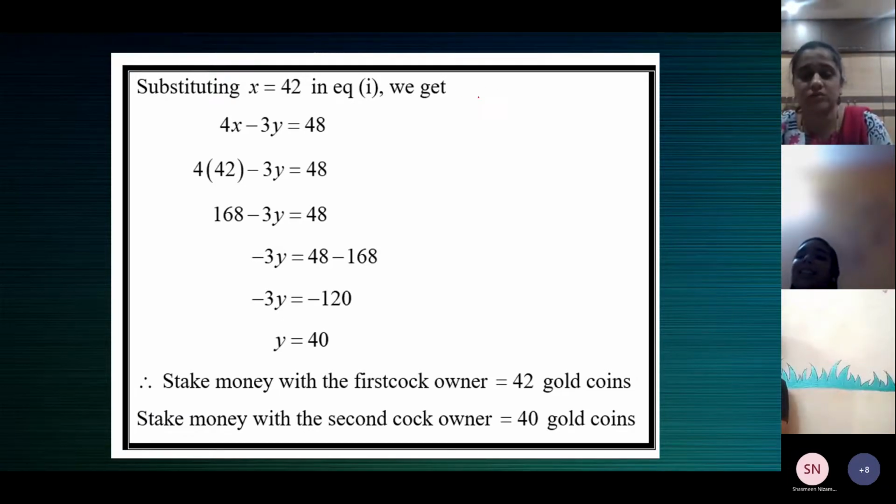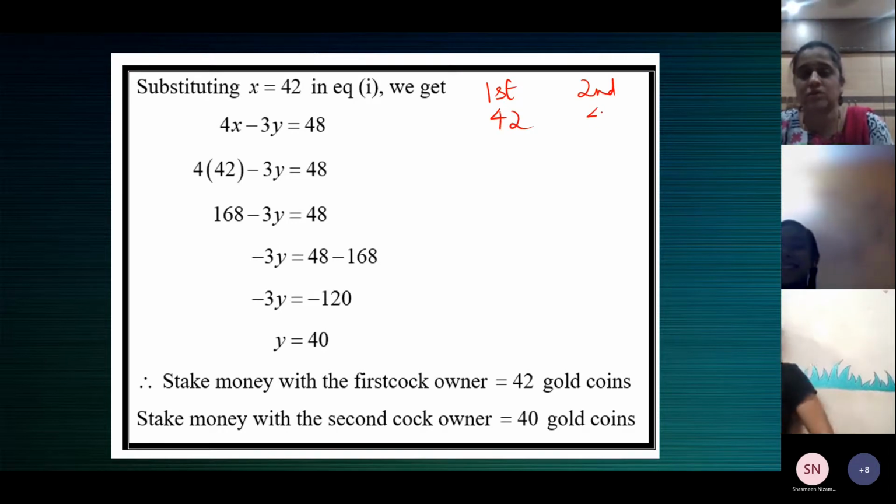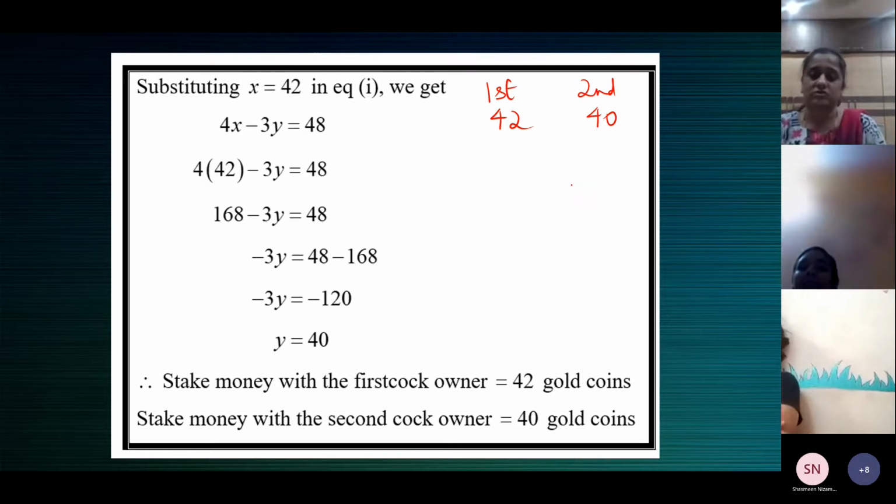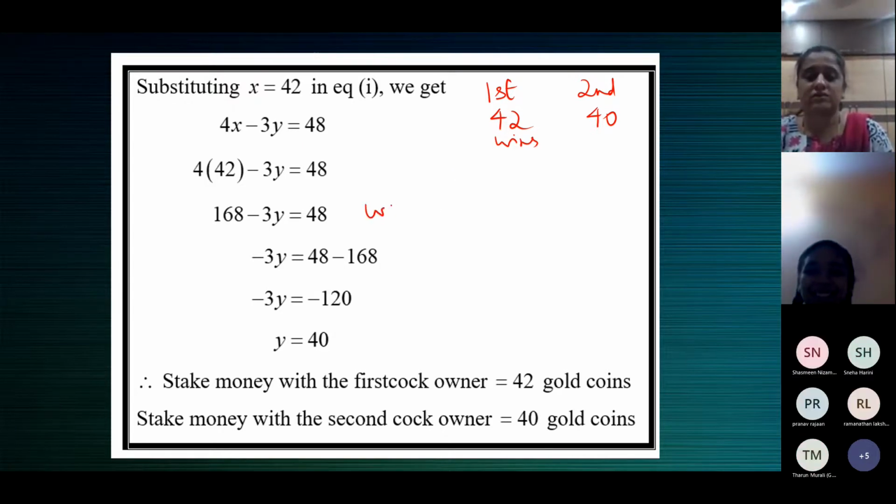So the first one has 42 gold coins, and the second one has 40 gold coins. If the first one wins, the wizard will get 42 gold coins.